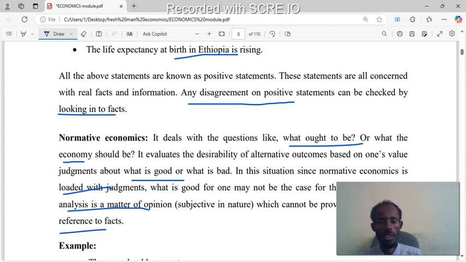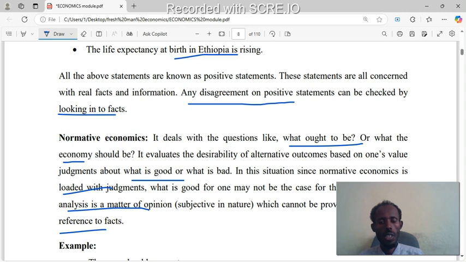There is a judgment here in normative economics. What should the economy be? To remove unemployment and poverty, what should the economy be? This is the role of normative economics when we analyze the economy from a normative perspective.